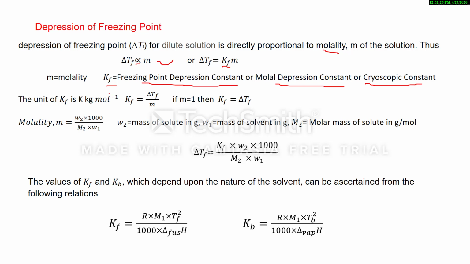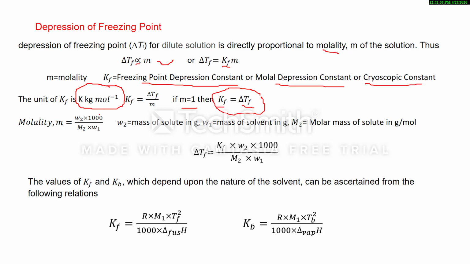In a similar way, as we discussed for Kb, the unit of Kf is also Kelvin kilogram per mole, and if molality is 1, then Kf is equal to delta Tf. Again, from this relation we can define Kf. Kf is equal to depression in freezing point when molality of the solution is 1.